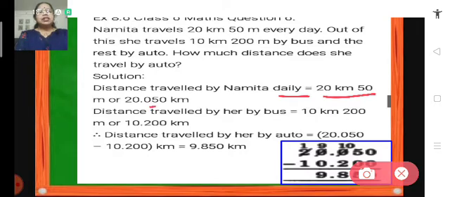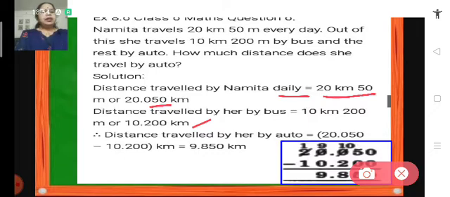Because 50 meters is equal to 0.050 kilometers. Now, the distance travelled by bus is 10 kilometers 200 meters, or 10.200 kilometers. So, the distance travelled by auto is 20.050 kilometers minus 10.200 kilometers.